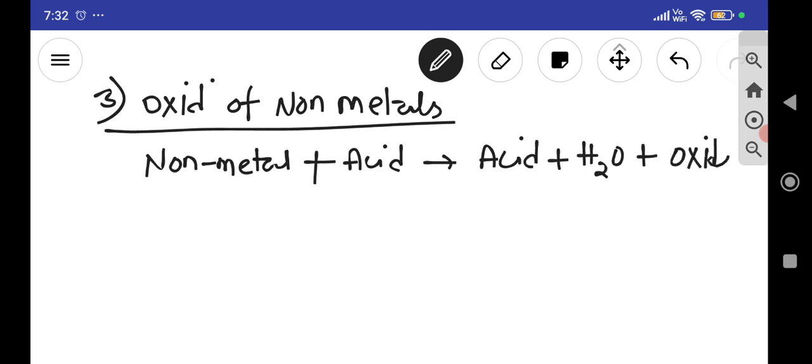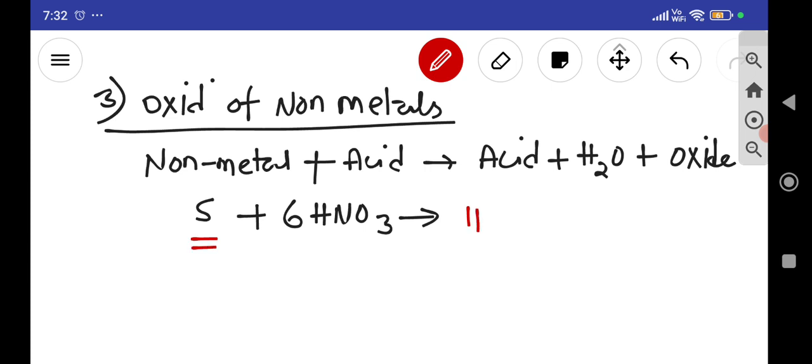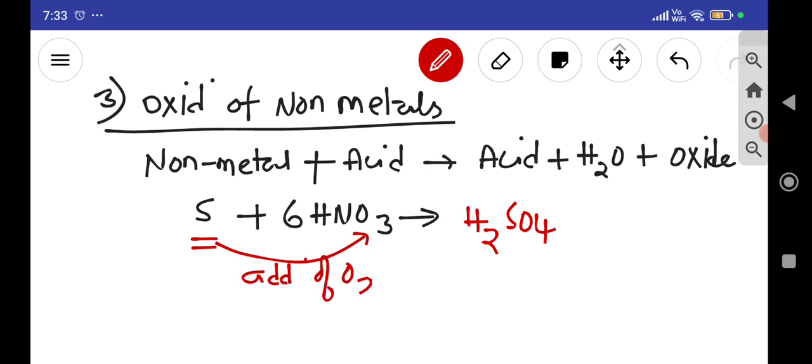So this is our general equation. If you take non-metal sulfur and acid as nitric acid HNO3, then what will happen? Sulfur will convert into sulfate, that is H2SO4. So addition of oxygen is known as oxidation. Hope you have understood this.